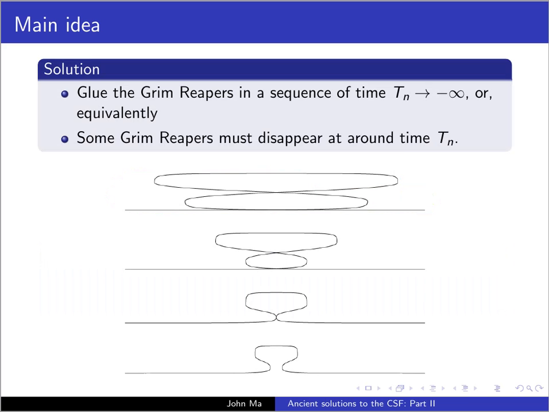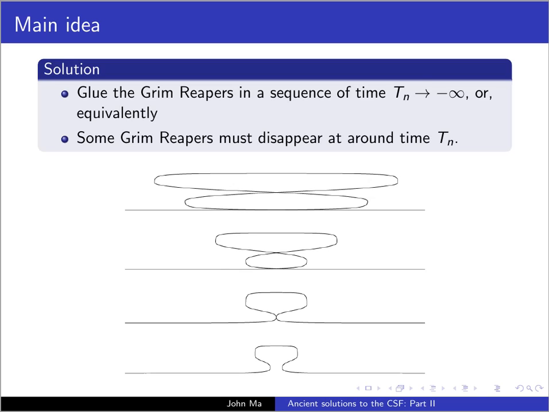So in order to deal with this, we have to be a little bit careful in the gluing process. In particular, we are going to glue the grim reapers, but we are not going to do that at the same time.